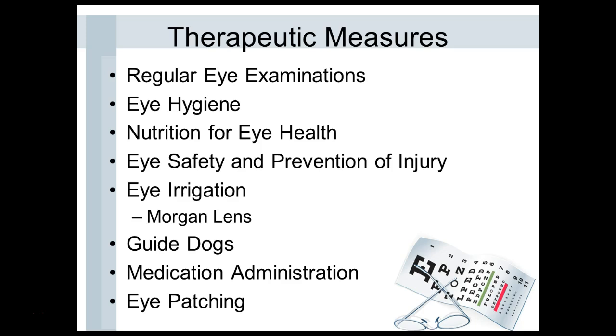Eye safety and prevention, it's a very big thing that as nurses we want to promote safety. Wearing sunglasses, wearing safety goggles even when mowing the lawn. Eye irrigation, if needed. There's a type of eye irrigation called the Morgan lens. There are guide dogs for patients that are blind. Of course, medication administration, eye patching if necessary.